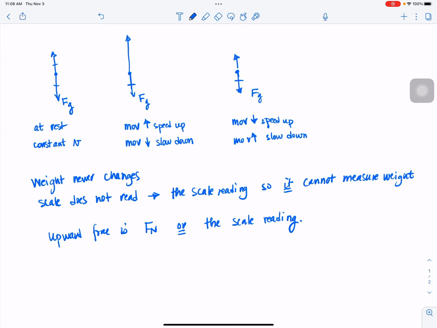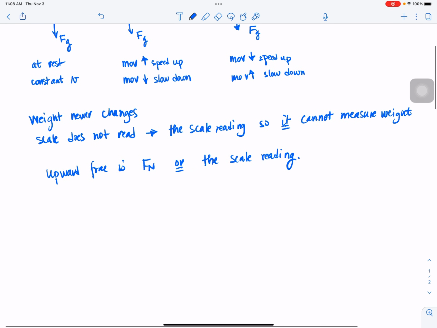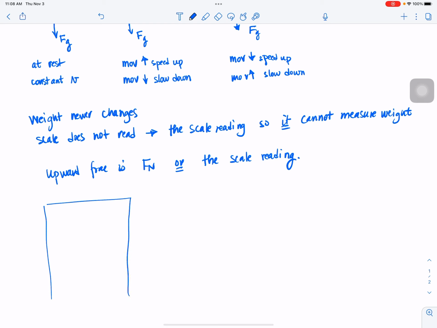So when you are doing your scenarios and you draw a free body diagram, suppose this is one of the boxes. I don't remember which one it was, but we're going to say at the bottom, moving up. You must put in a free body diagram.